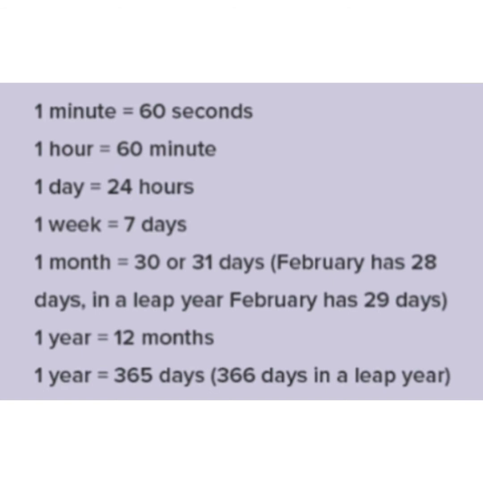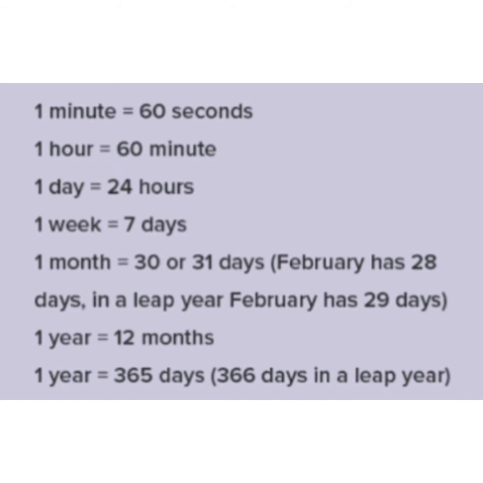Okay, listen here. 60 seconds equal 1 minute, or 1 minute equals 60 seconds. 60 minutes equal 1 hour, or 1 hour equals 60 minutes. 24 hours equal 1 day. 7 days equal 1 week. 12 months equal 1 year.